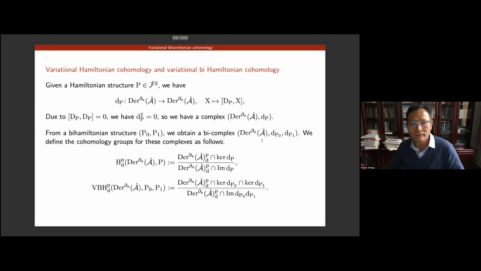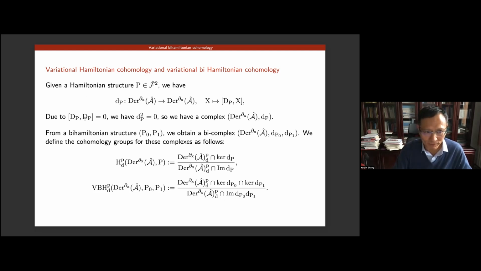Then we can also define a certain cohomology because we have this differential dP, by using the adjoint action of this derivation dP.